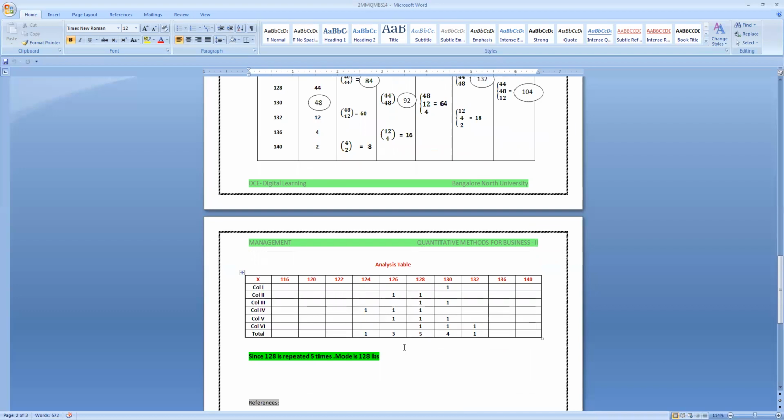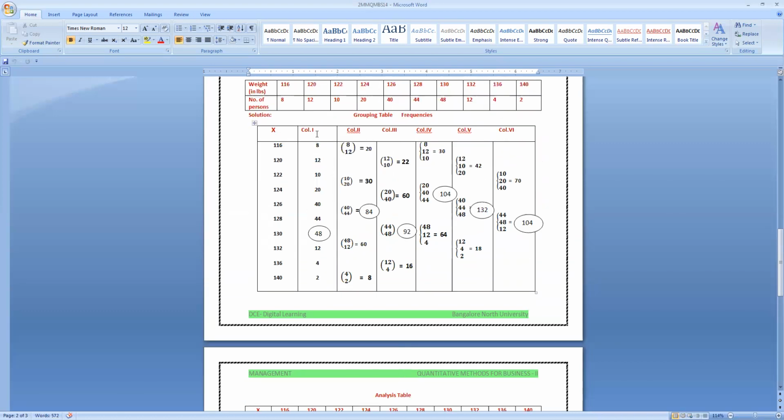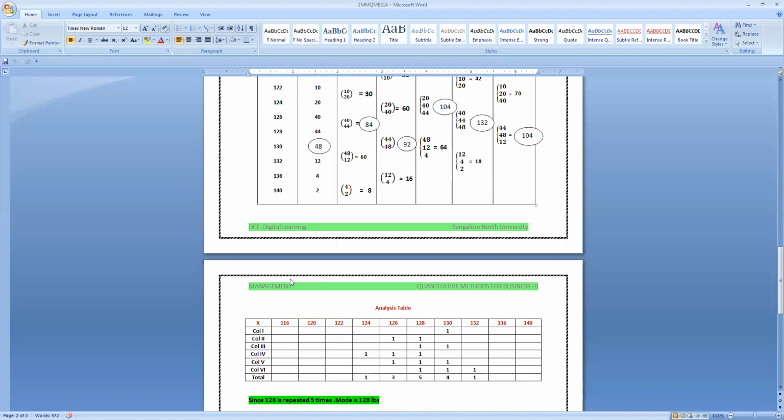Then how should we mark this? We know that column 1 contains the highest frequency, which is 48. Corresponding to this 48, the variable value is 130. In the first column, the first row, you consider this, and in front of 130 we should mark 1.